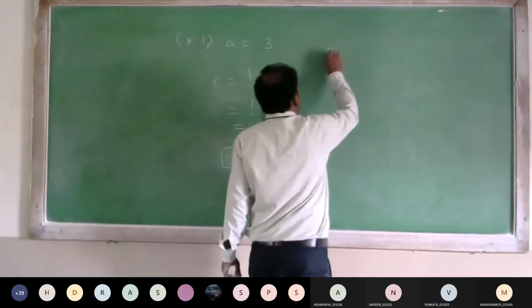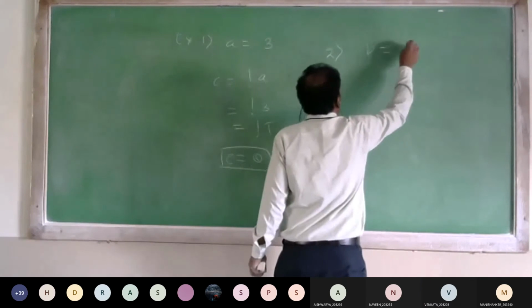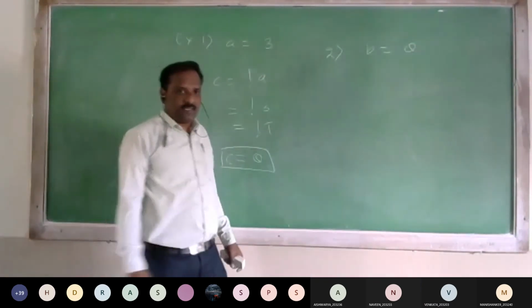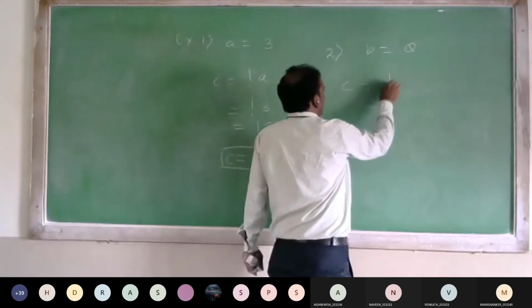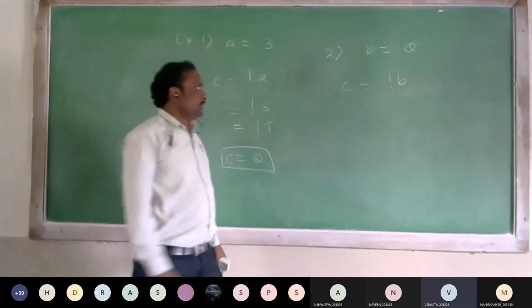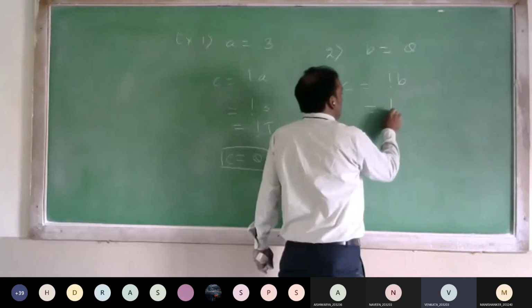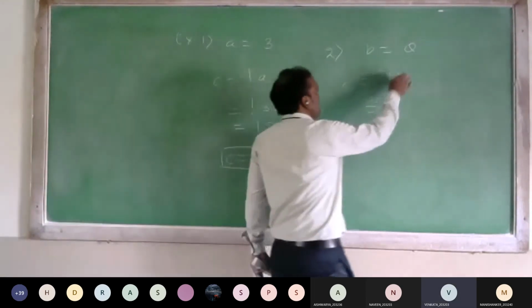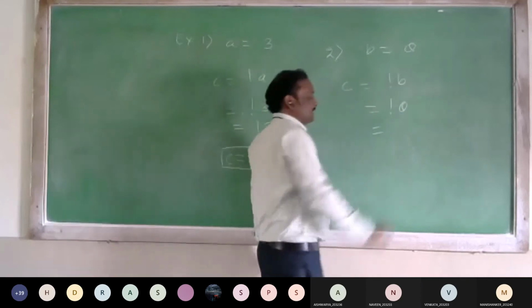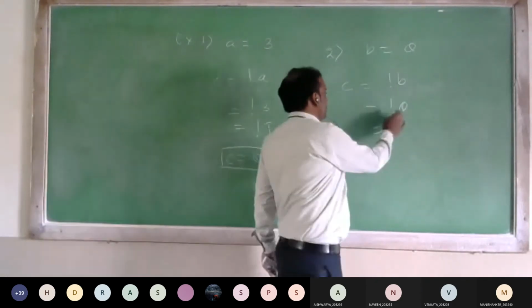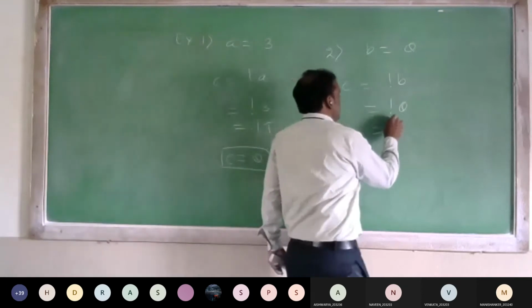Now, second example. D is equal to 0. Now, C is equal to not D. Not means exclamation mark. What is the D value? D value is 0.